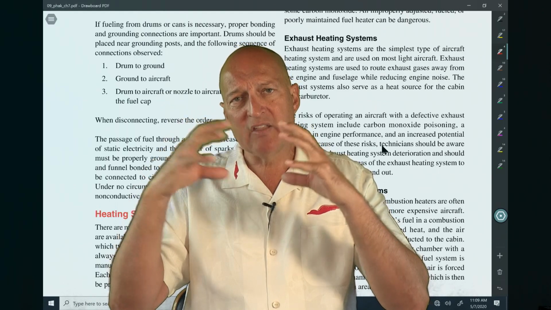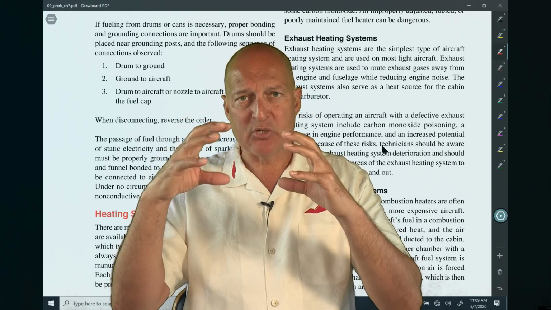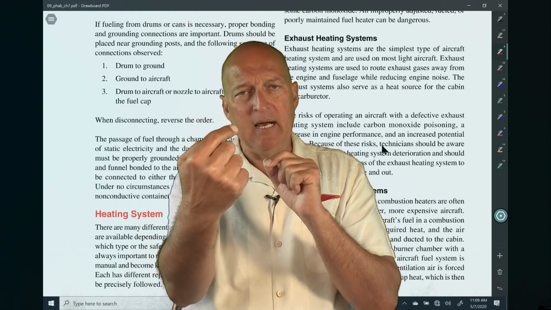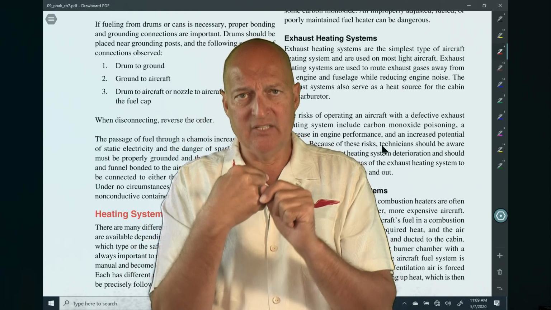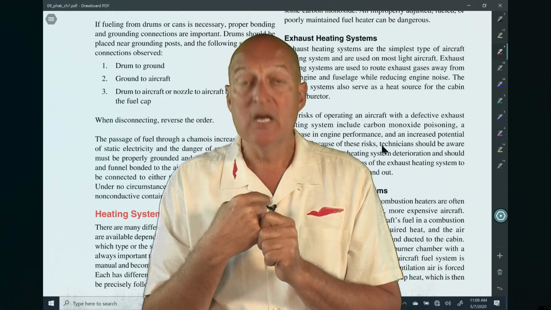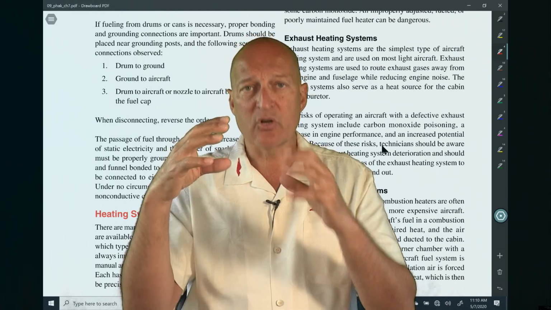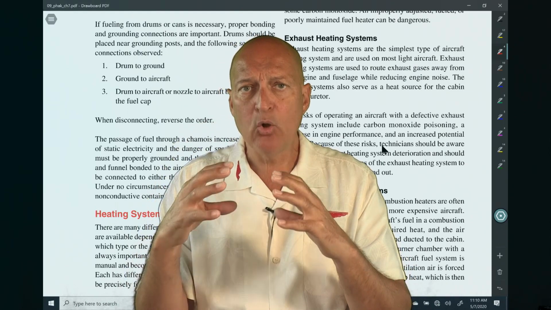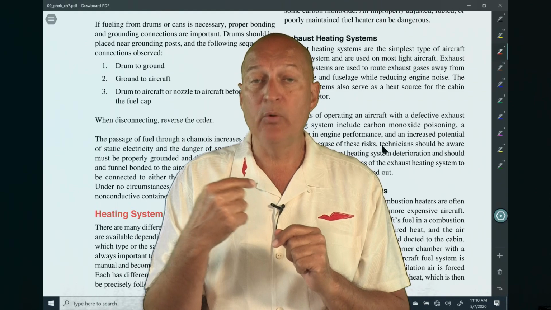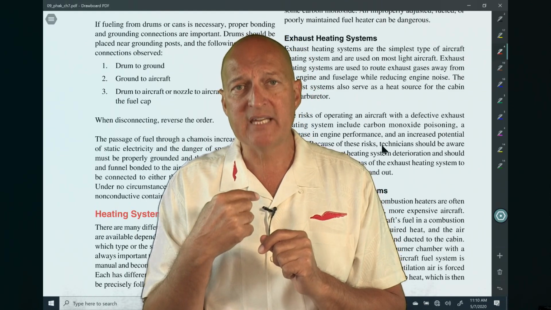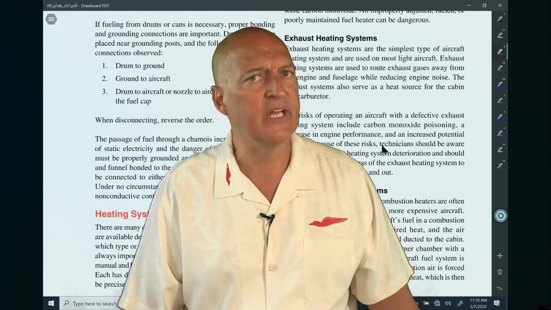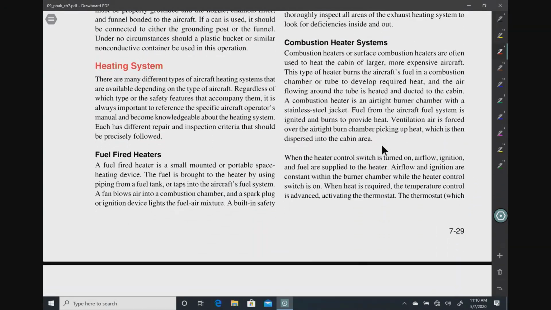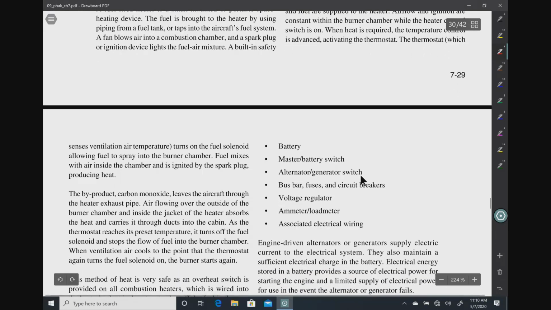The heat that's coming through gets captured in this hollow basket, and then air can be pumped through that basket inside the cockpit to warm you. Now you have to be careful to make sure that this basket that surrounds that exhaust tubing doesn't have any holes in it, because you don't want to be blowing carbon monoxide back into the cabin, because physiologically we're just not equipped for that.